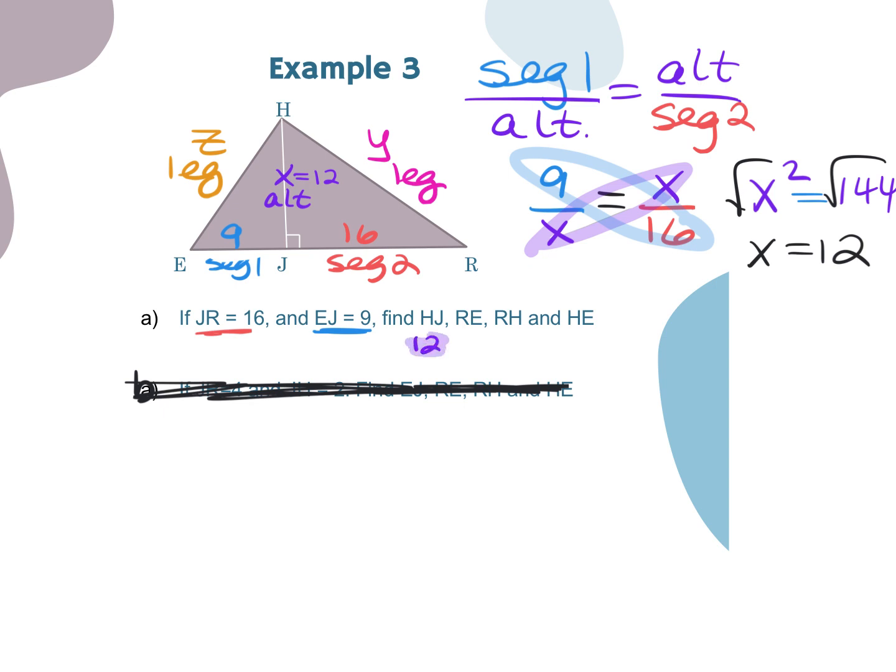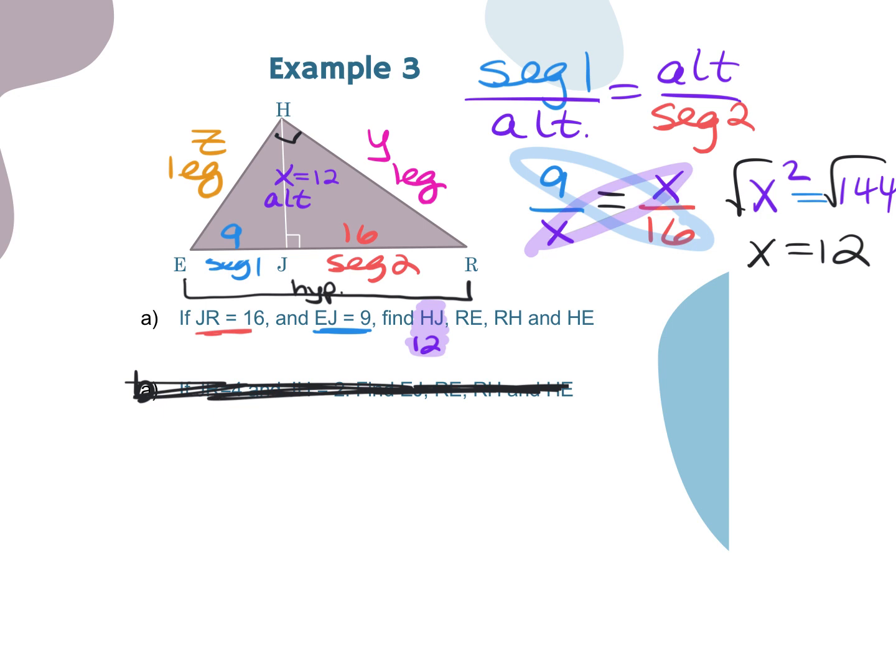That is your altitude. The next thing that they want me to find is the length of the hypotenuse. And remember, the hypotenuse is here. It's the RE. This is the hypotenuse. Now, for this one, I don't need to do a proportion because they gave me segment 1 and segment 2.